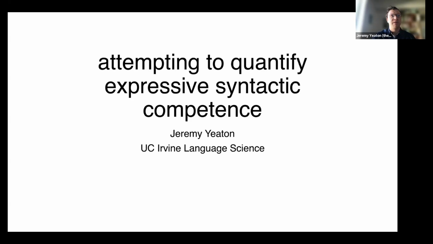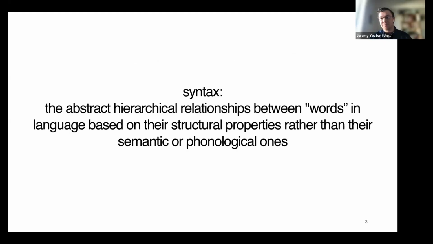So I just want to start with a quick definition of syntax. For the purposes of this talk, we can argue about the semantics of syntax at a different point. For the purposes of this talk, syntax is the abstract hierarchical relationships between "words" in language, based on their structural properties rather than their semantic or phonological ones.